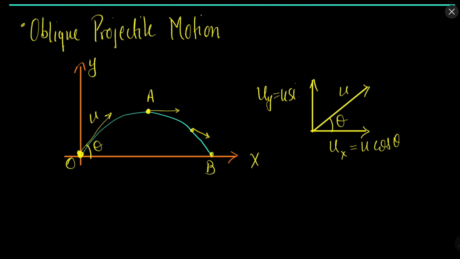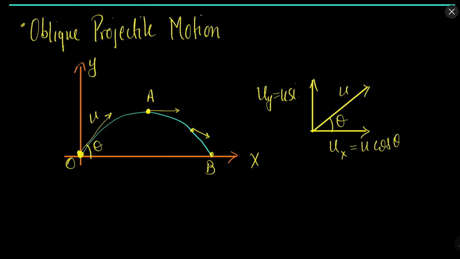Now we will describe the horizontal motion separately and the vertical motion separately. So for horizontal motion, what do we have? The acceleration is 0. Okay, there is no acceleration in the x-axis.